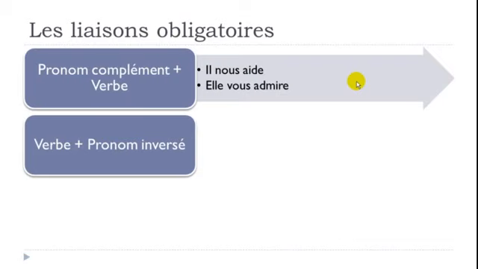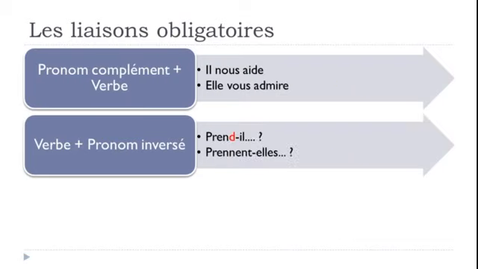If you've got the verb first and then you put your pronoun after, because normally that's the way we should proceed if we want to construct a correct question, normally you should put first the verb and after the pronoun. So in this situation, you should make the liaison.